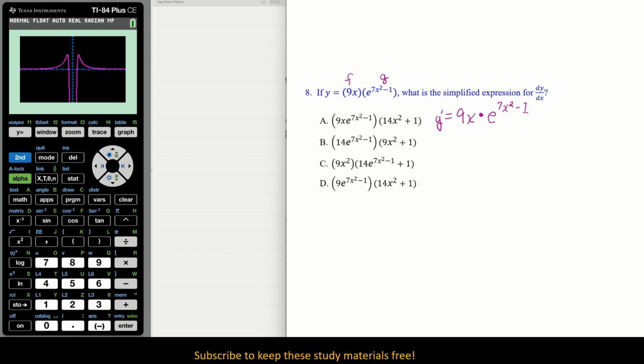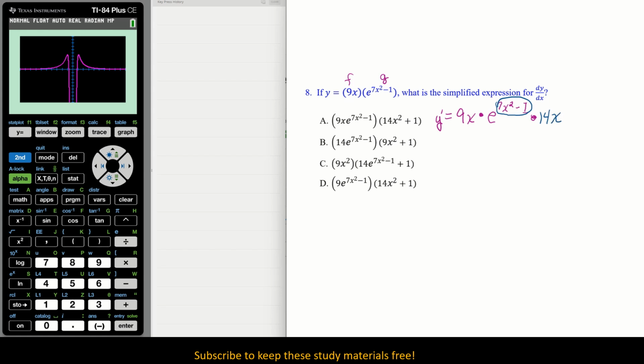But then we multiply to that the derivative, here I'll circle it, the derivative of the exponent. Remember, it's the outside in. Well, e doesn't necessarily have a derivative, so we just write it down. Then we go to the exponent, and then we take that derivative. Well, the derivative of 7x squared minus 1 is 14x. So that's just the 14x.